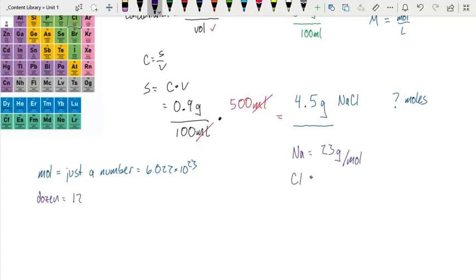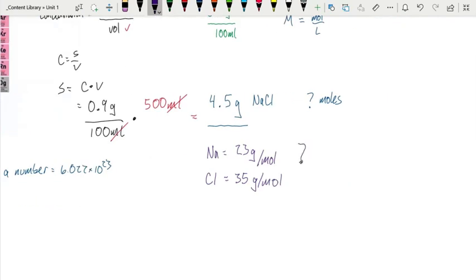Chlorine weighs 35 grams per mole. So if we add that up, we find that sodium chloride is just the sum of those two. That equals 35 plus 23, 58 grams per mole.